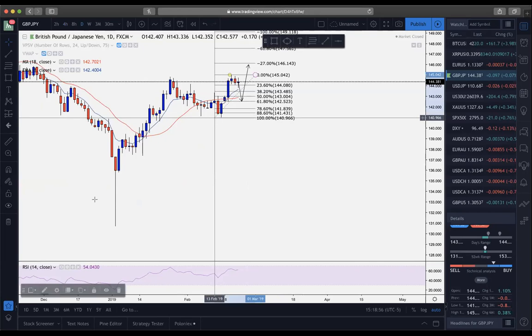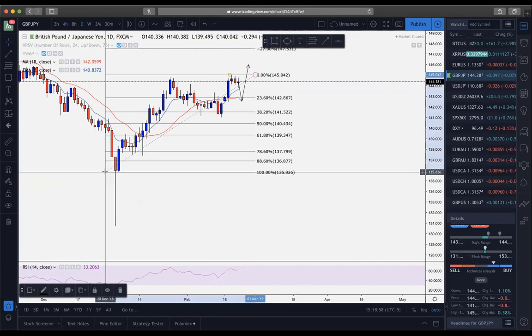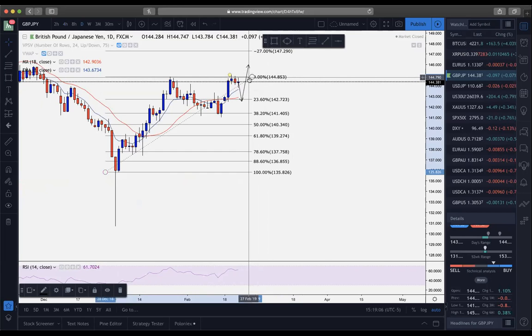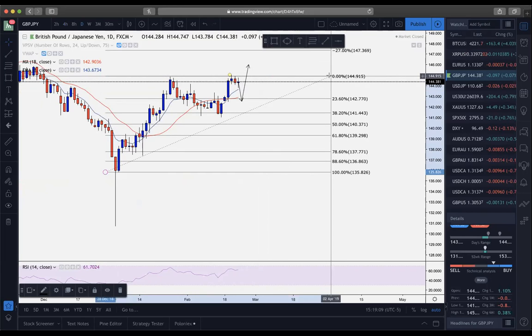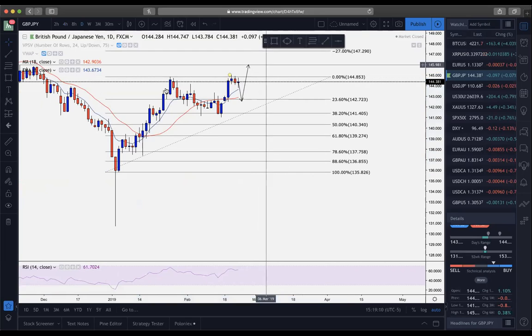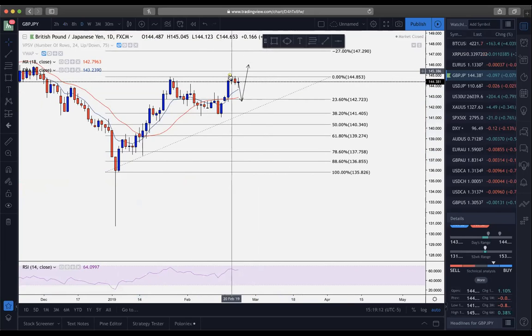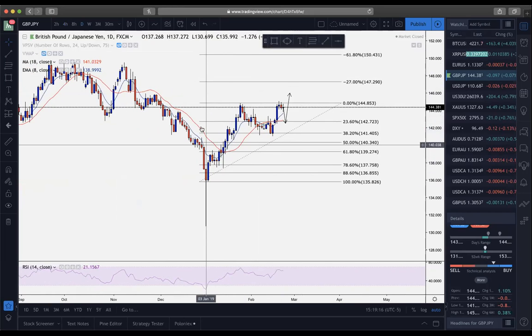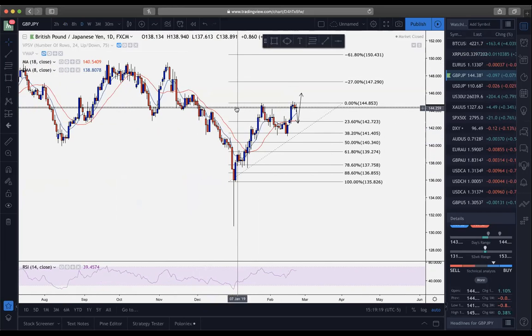We measured this previous pullback. We had our 38.2, and then we never had it break this area. See how we never had it break this area?